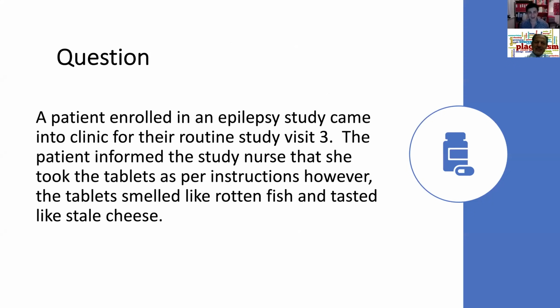Thank you very much. Last question, very tricky here. A patient enrolled in an epilepsy study comes into your clinic for a routine study 3 visit. The patient informed the study nurse that she took the tablets as per the instructions. However, the tablets smelled like rotten fish and tasted like stale cheese.